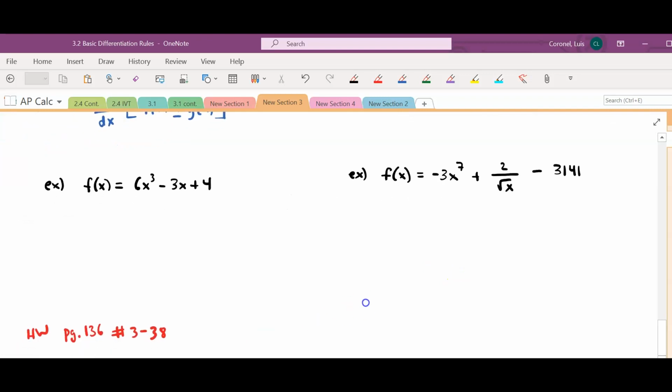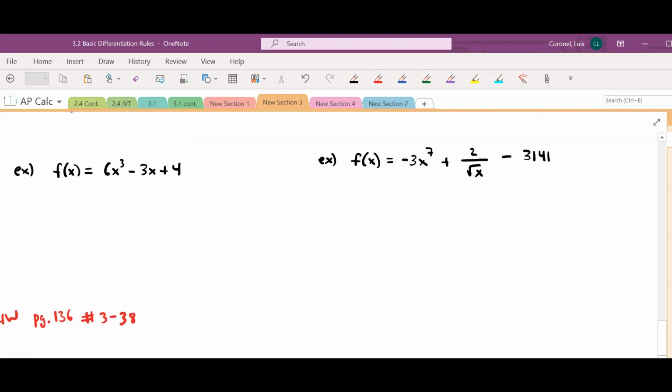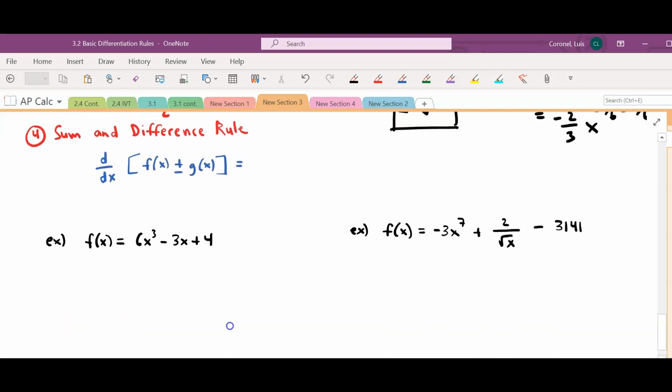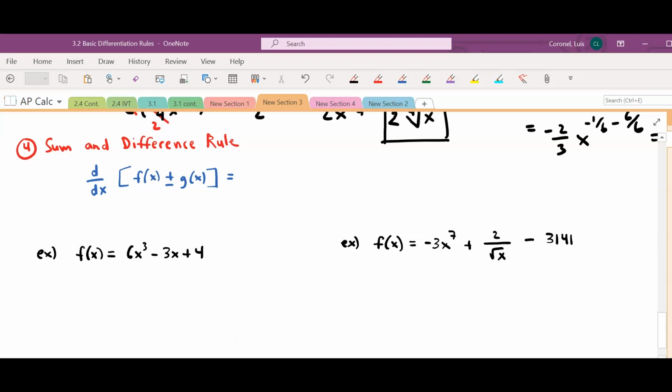These are our last two examples, ladies and gentlemen. Kind of like putting these ideas together. When you do the derivatives, it could be a polynomial. It doesn't just have to be a one term function. And this is the idea of the sum and difference rule. What the sum and difference rule is saying is you could do a derivative of multiple functions of a polynomial, basically.